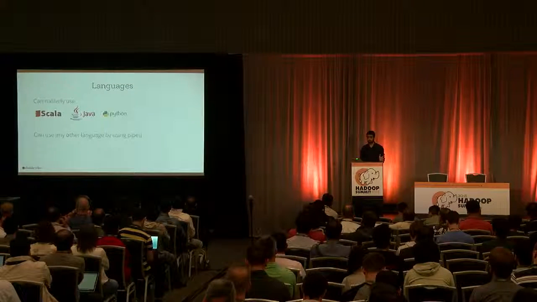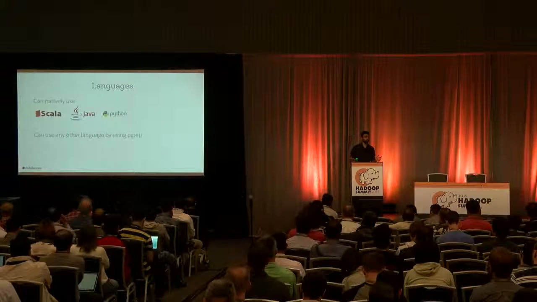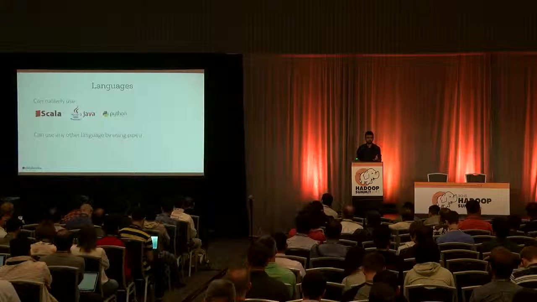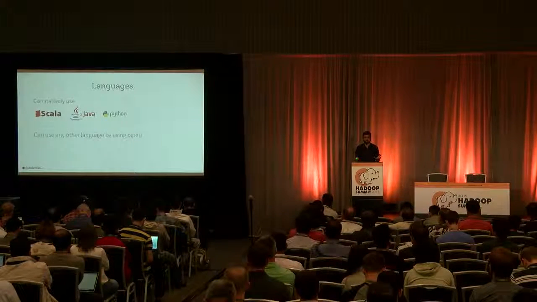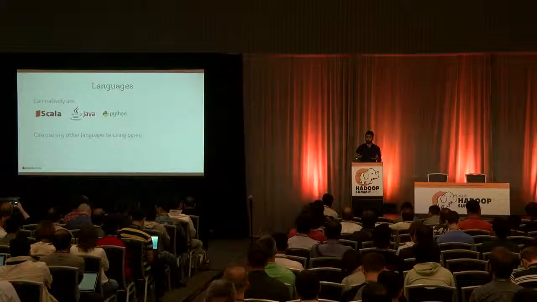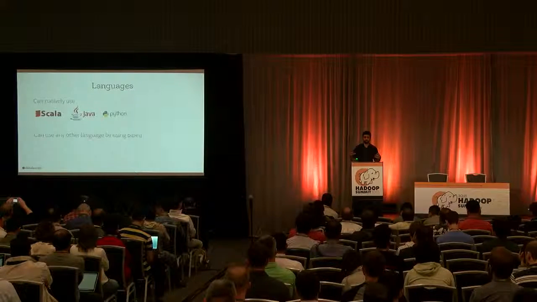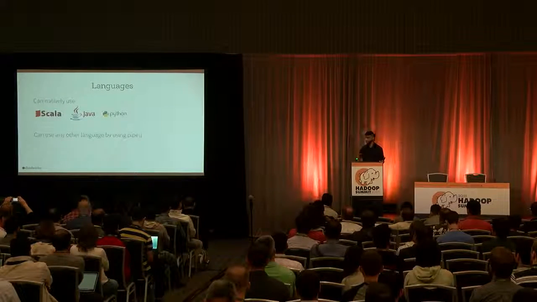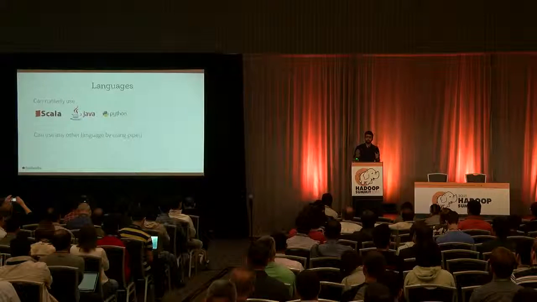And I showed you an example in Scala, but you can write the same stuff in Java and Python. Java is a little bit more verbose because you don't have this nice way of writing inline functions. But you're not just limited to these 3 languages that we natively support.